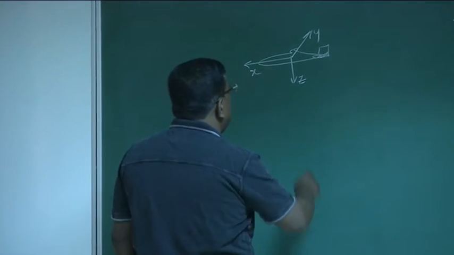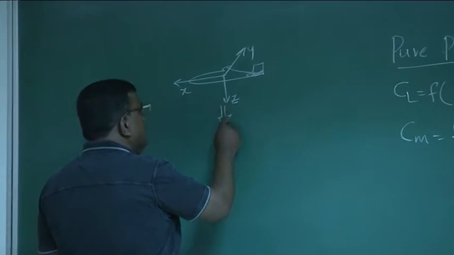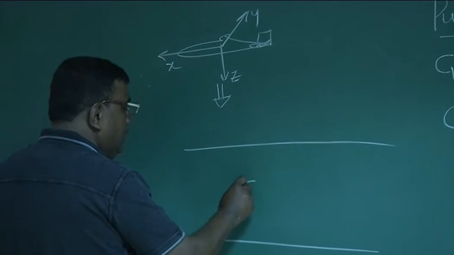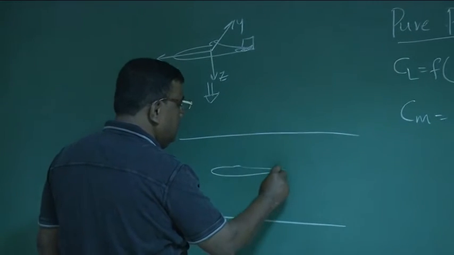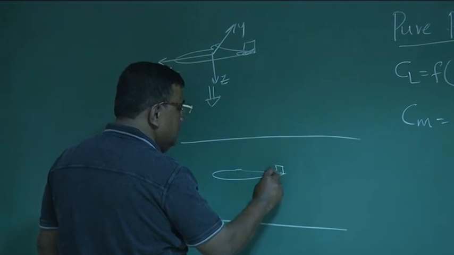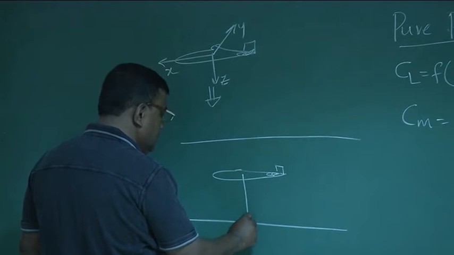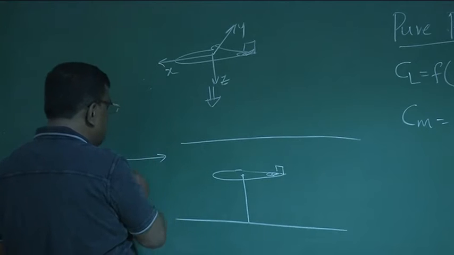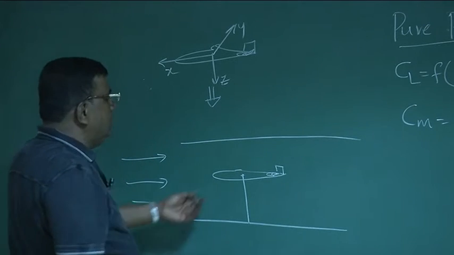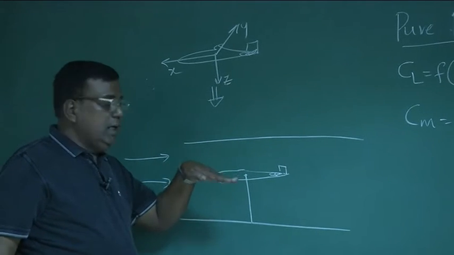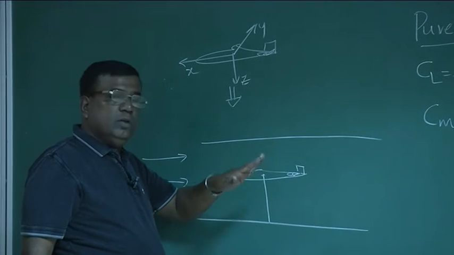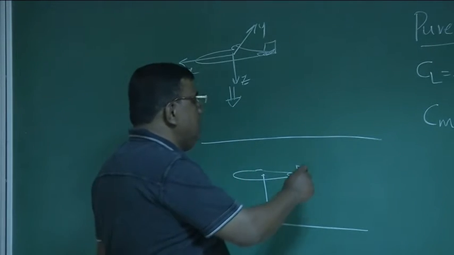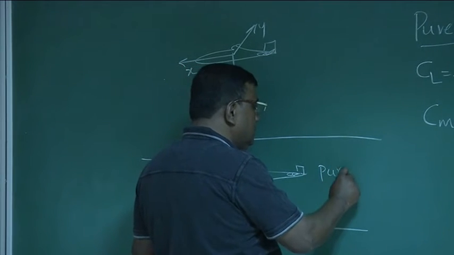So typically, if I try to simulate this case, I can equivalently say that in a wind tunnel I have put this aircraft model, fixed here, and the bearing is such that it will only allow this motion. It will not allow any plunging motion. So this is typically how I am simulating a pure pitch.